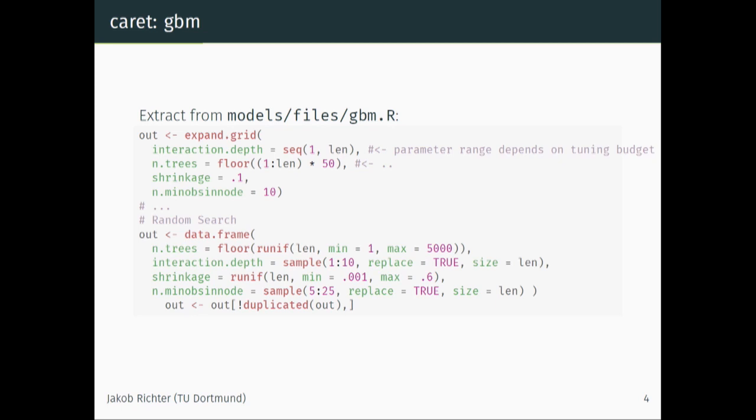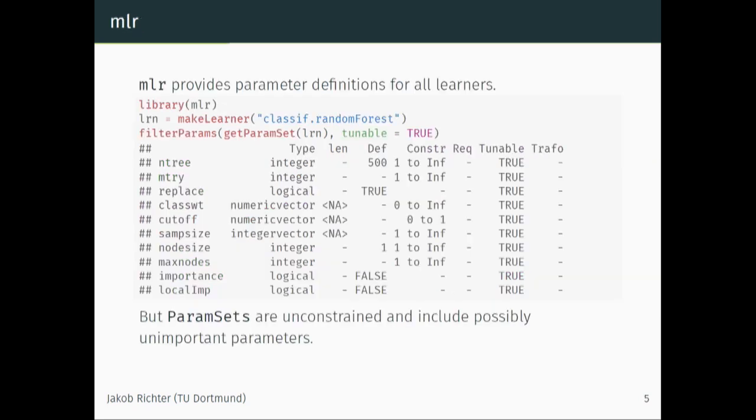But if you look at the random search, also from caret, you'll see that the values are drawn from a range that actually makes more sense, in my opinion. Of course, these things are always to be discussed, and that's also one essential aspect of my package.